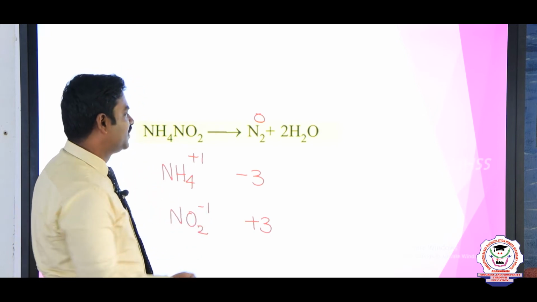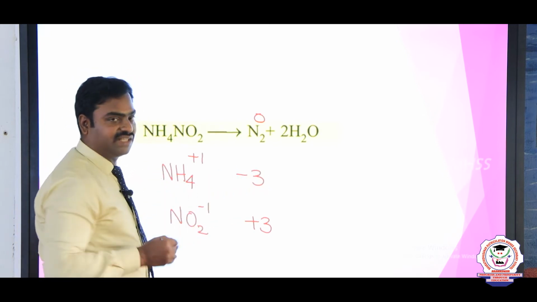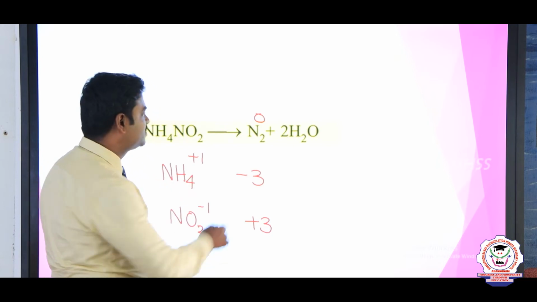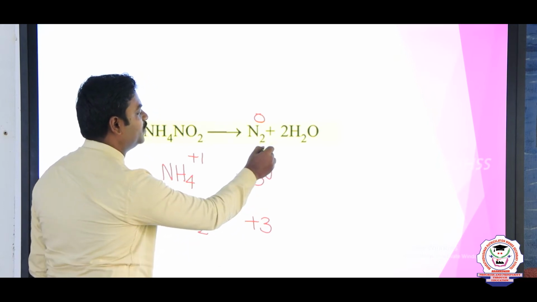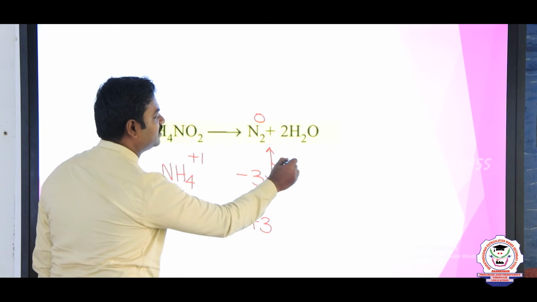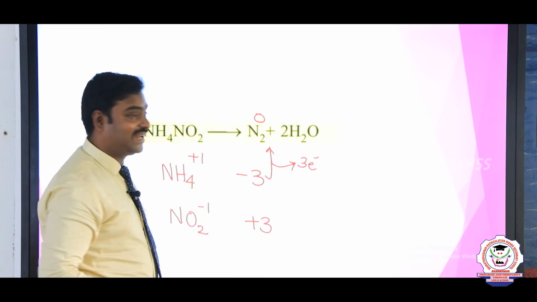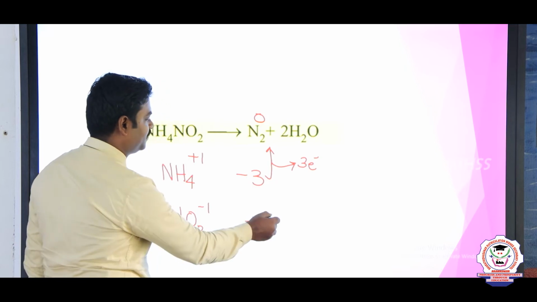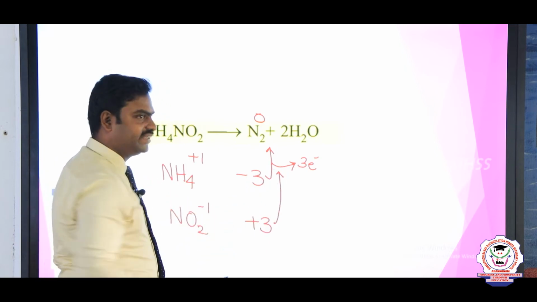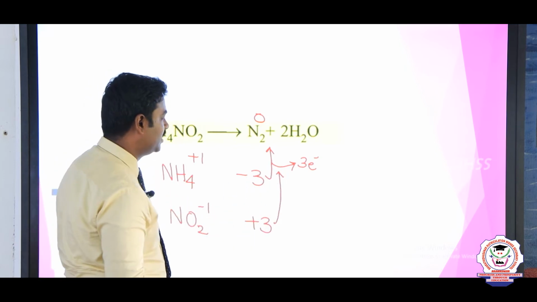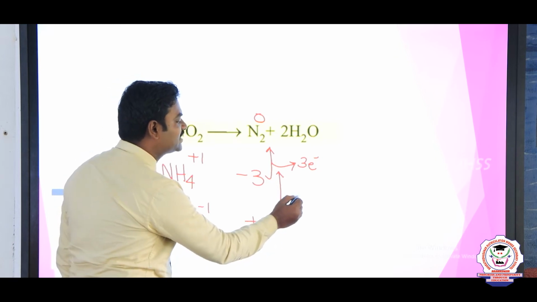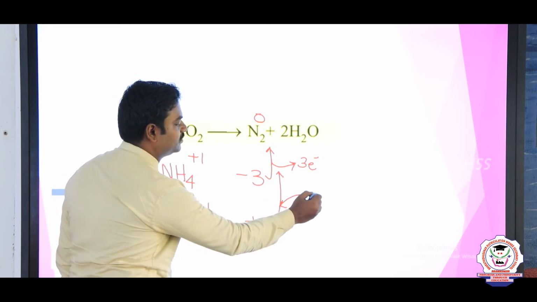Now see the ammonium: nitrogen -3 is converted into 0 by losing 3 electrons, whereas in nitrite, it is also converted into a nitrogen molecule. Here it is accepting 3 electrons.